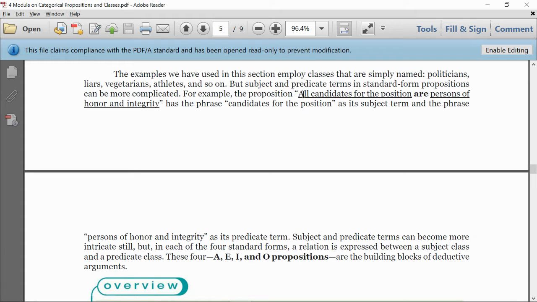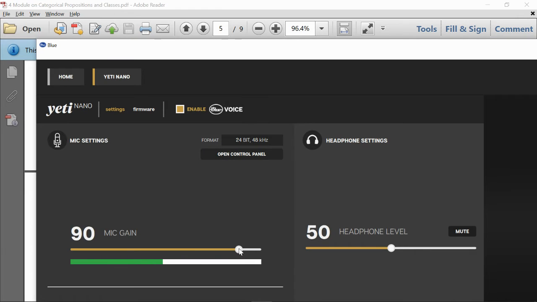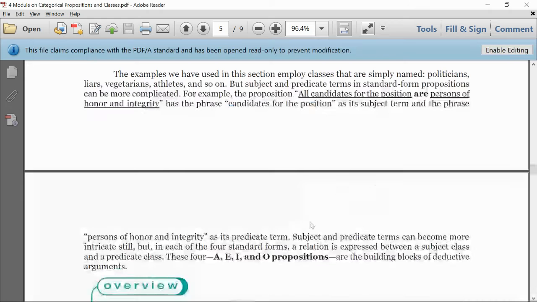So don't get too hung up when there is a phrase in a subject term or a predicate term. All you have to be mindful about is how you understand the sentence. And usually it uses the word all. If it does not use the word all, most of the time it is particular. It should be using the word some.